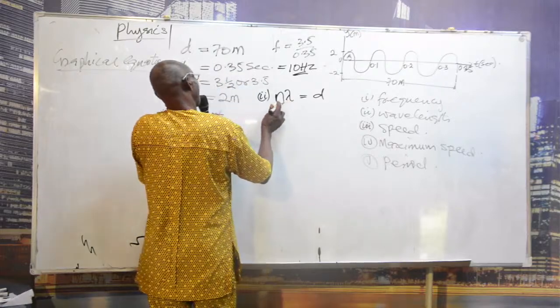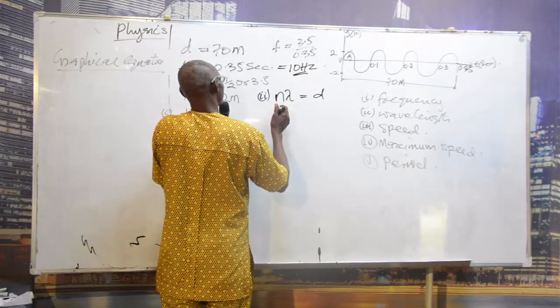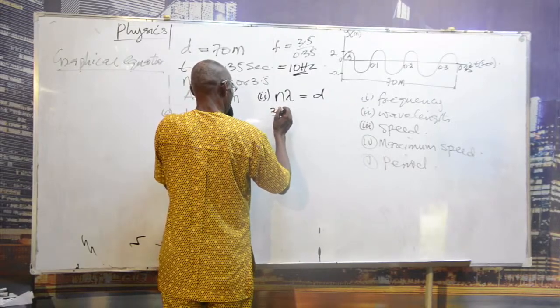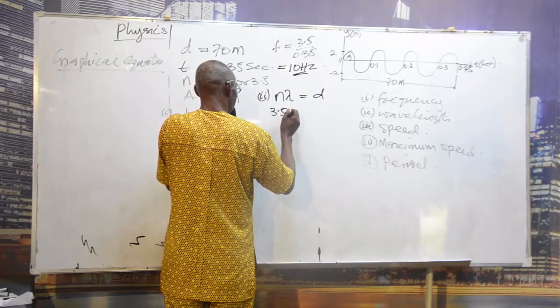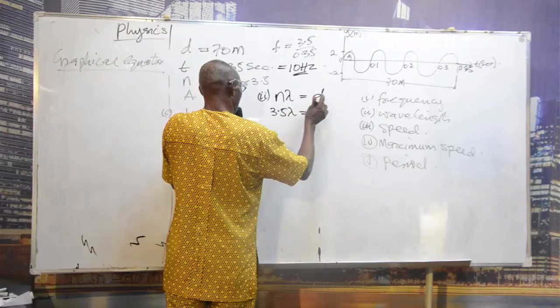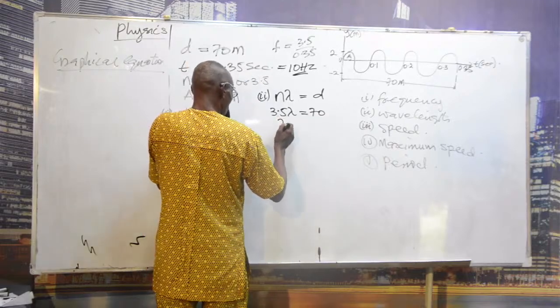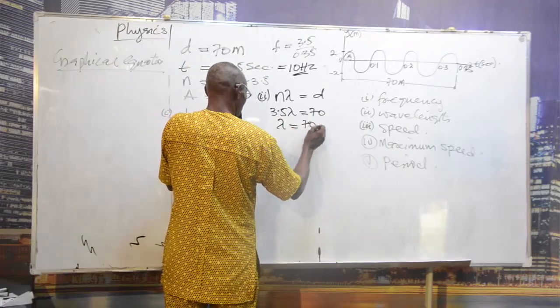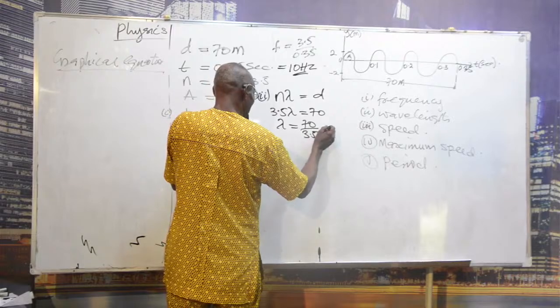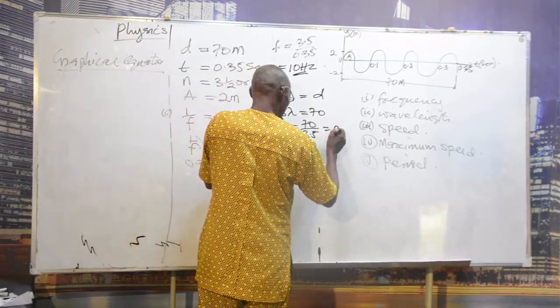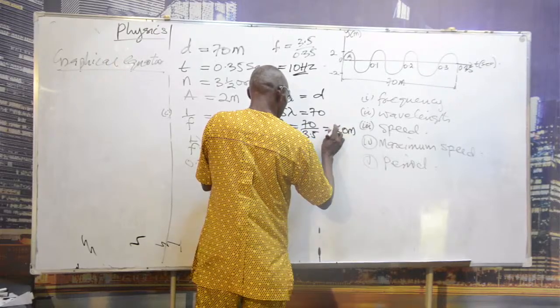What's the number of waves? 3.5. What's the distance? 70. So wavelength will be 70 over 3.5, and that will give me 20 meters.